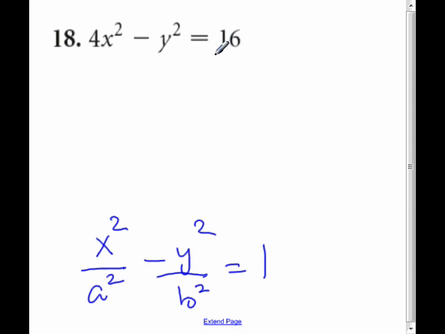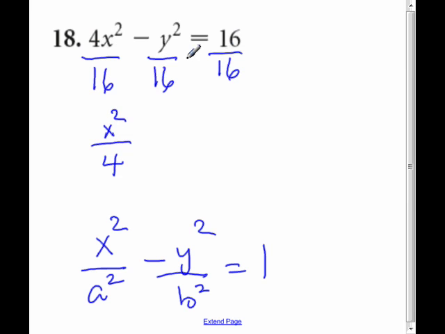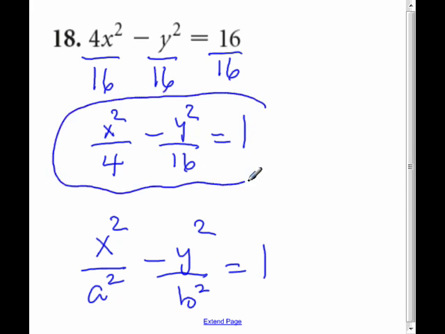We need to divide everything by 16 so that I can get a 1. Divide that by 16, this by 16. In simplifying a little bit, I'll get on the first one x squared over 4 minus y squared over 16 is equal to 1. There, now I've got my equation looking in the right form.